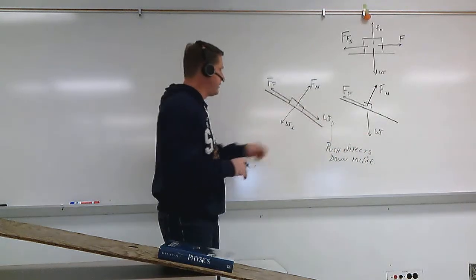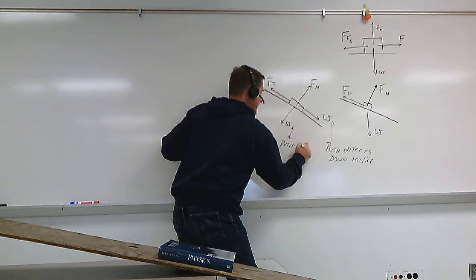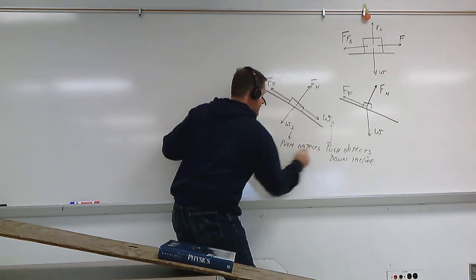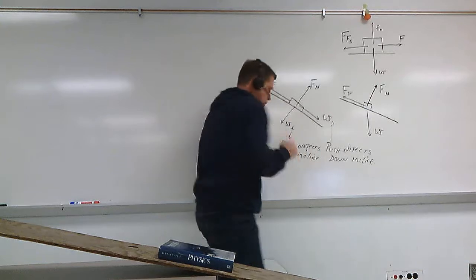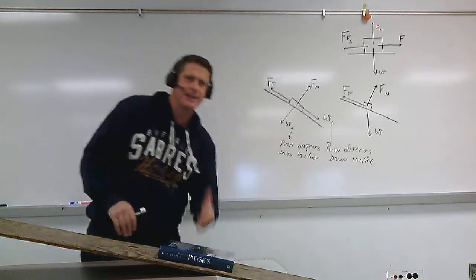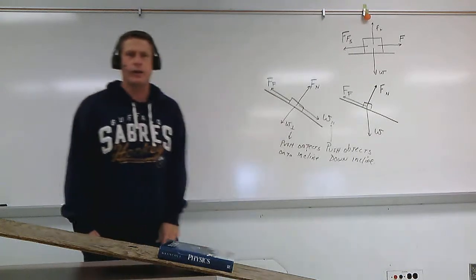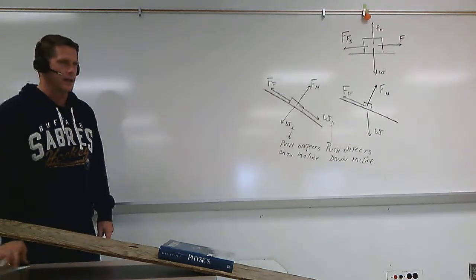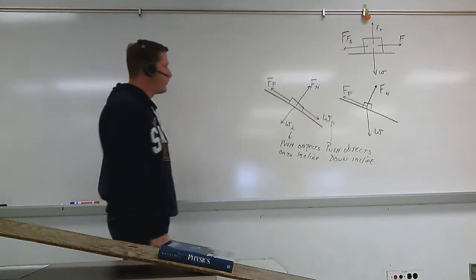The job of W perpendicular is to push objects onto the incline. So W perpendicular forces objects onto the incline because the incline is trying to push them up. W parallel pushes the objects down the incline. And those are the two jobs for those two forces.